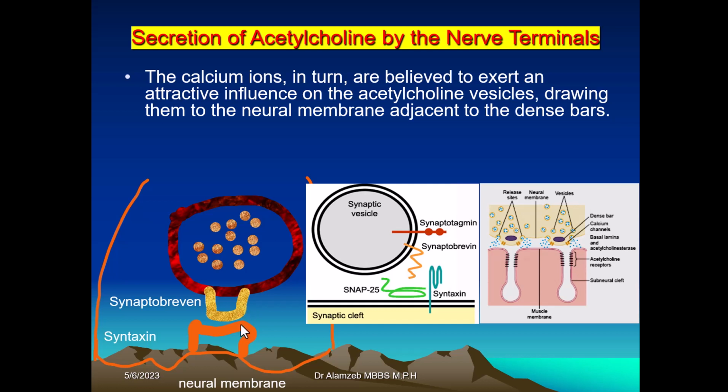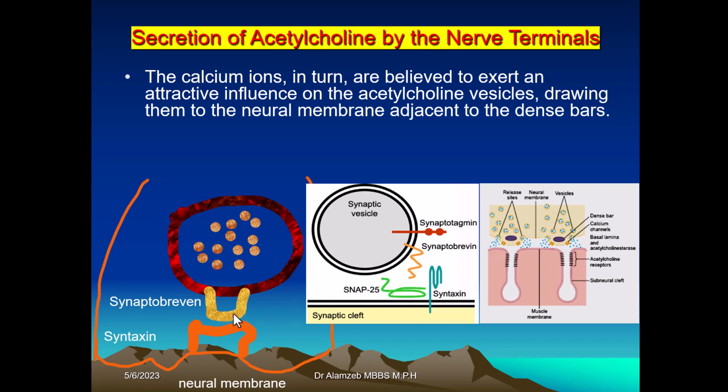These receptors then come closer to each other and join with each other, and then the vesicle is fused with the neuronal membrane.